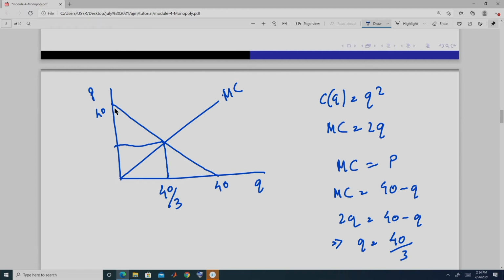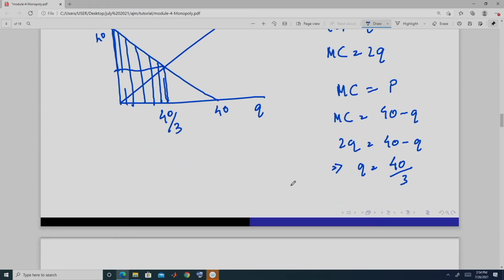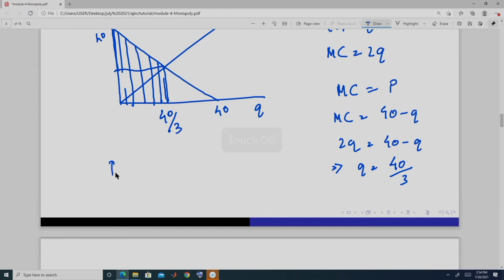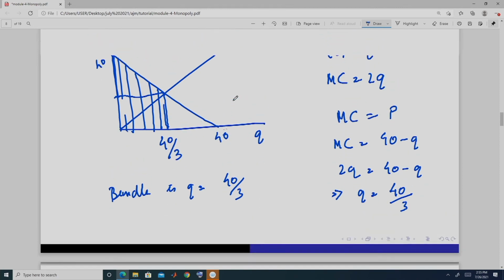Now, the monopolist, we know first degree, will charge this whole amount. So, the bundle is like this: Q is equal to 40 by 3, and you get a price which is given by this whole area.